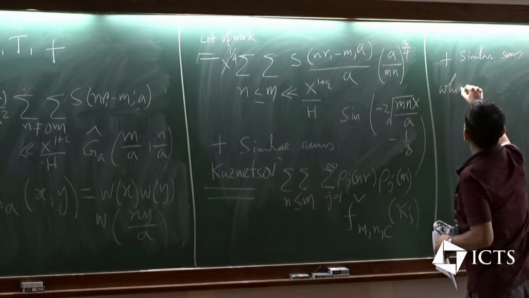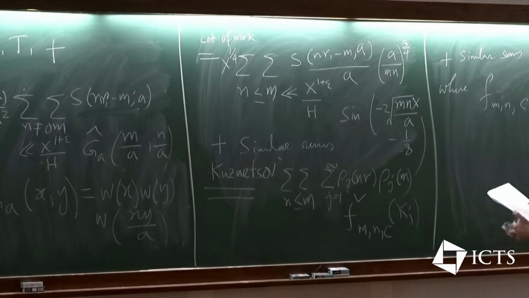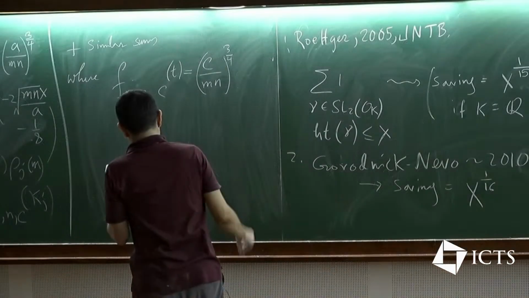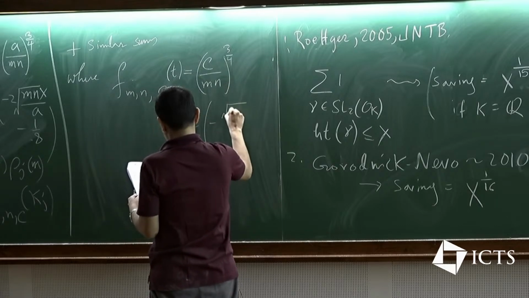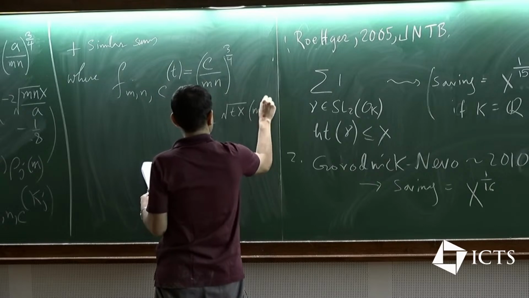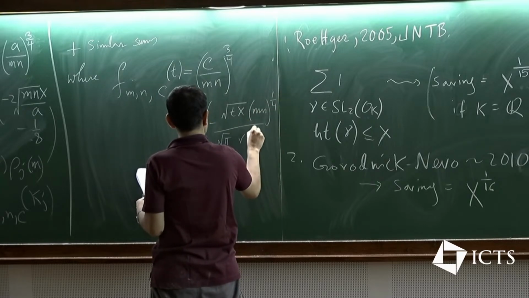Where F_{m,n,c} of T equals c by mn to the 3/4 times e to the minus square root of T x mn to the 1/4 by root over pi r to the 1/4.